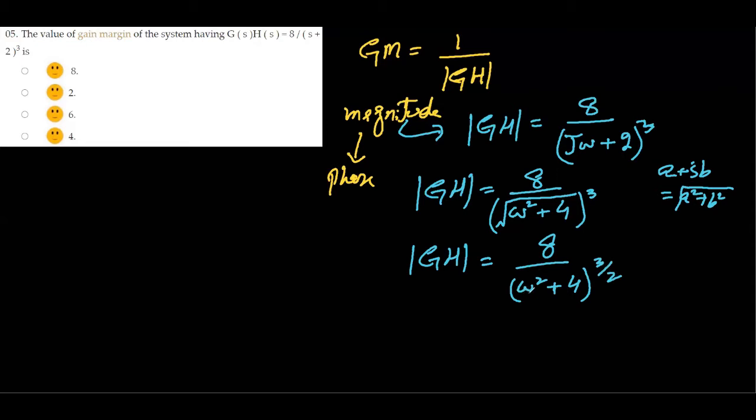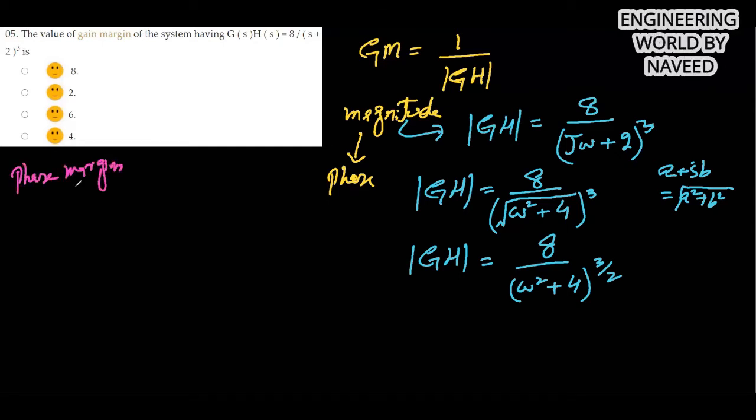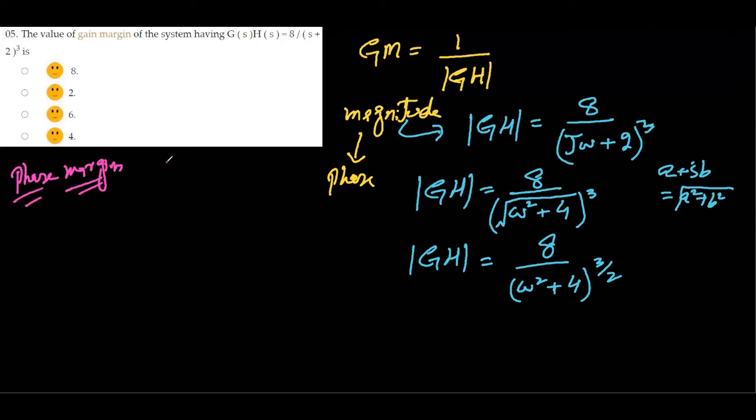But I need the omega value. So for omega value, I will go toward the phase. So now we need to find the phase. The equation is 8 divided by (j omega plus 2) whole cube.